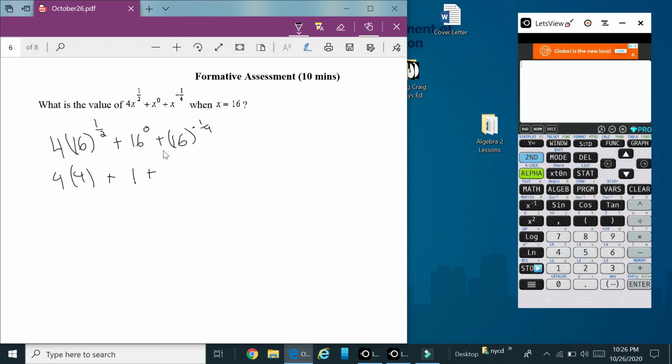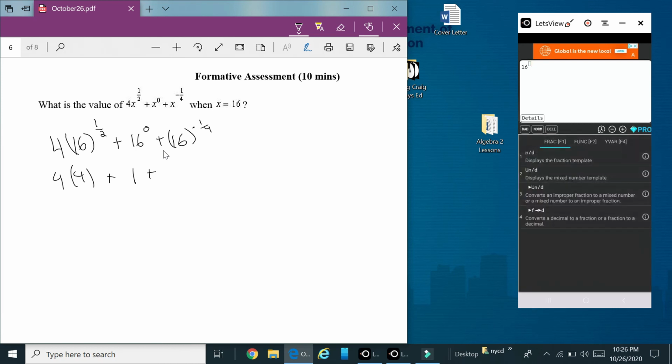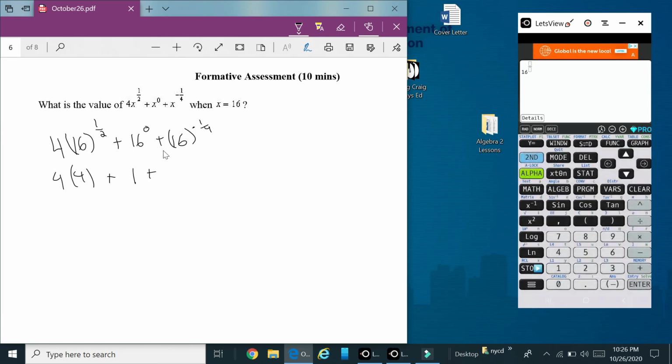Get in exponent mode. Alpha y equals. Get to that fraction. Negative 1/4. And you hit enter. That should give you 0.5.